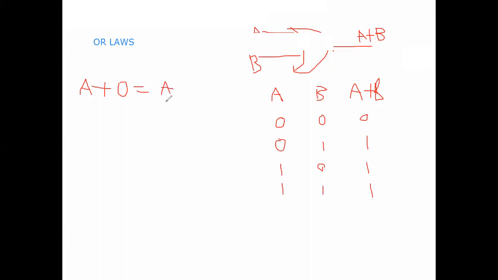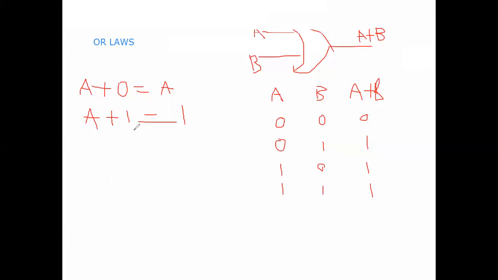A plus 0 means A. Next, A plus 1 is equal to 1. Okay, so these theorems are very, very important to simplify the expressions. Remember these theorems, and also learn how to get them.